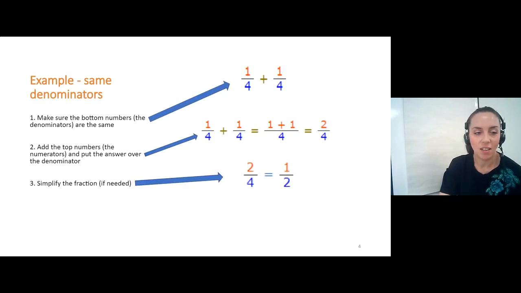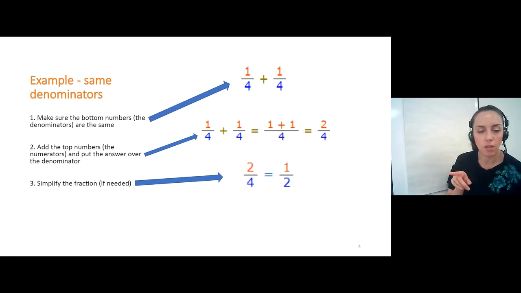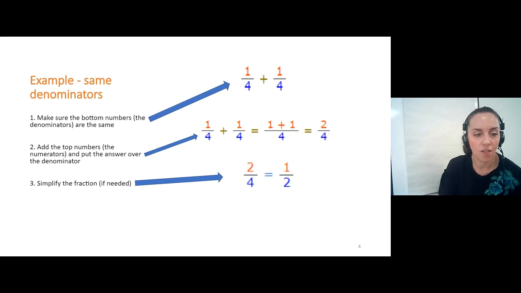Did it just need a little kick? What page can everybody see? Can you see slide 4 with the examples, same denominators, and you've got some blue arrows? Yeah, can everybody see that one? No problem. There's always technical issues when we're using technology. We're quite prepared for them. We do not panic.